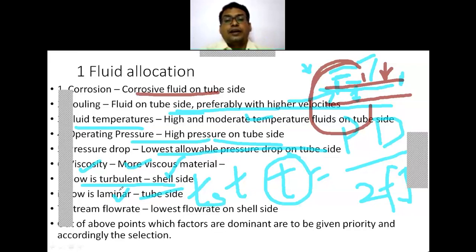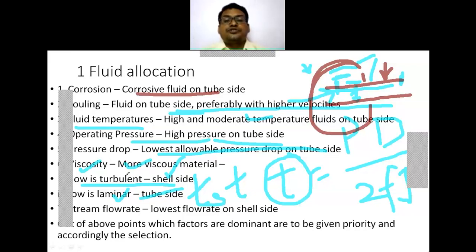And that is why, for the turbulent and the laminar flow conditions, for turbulent flow condition we will prefer the shell side, and for low fluid velocities, that means the flow is laminar, then we are going to use the tube side.